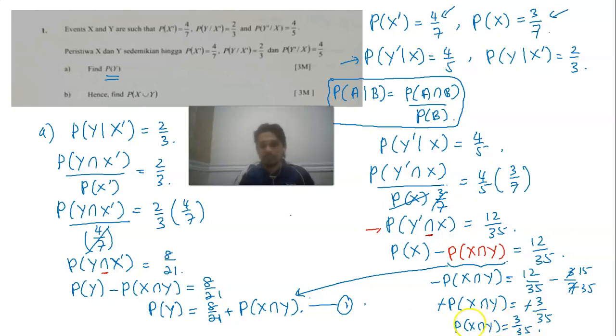Okay, so this value of 3 over 35 is the value that we're going to substitute here now. Okay, we have not much space here.